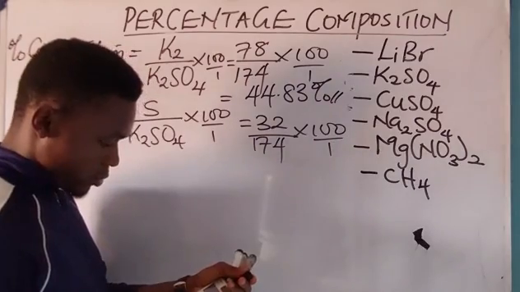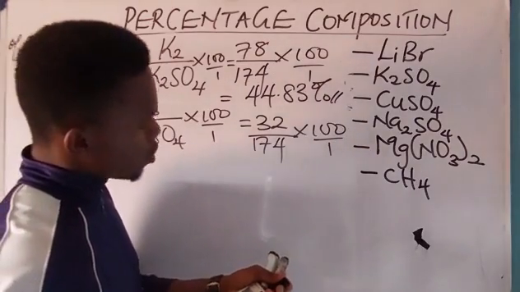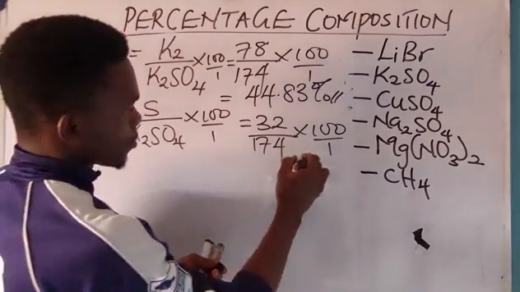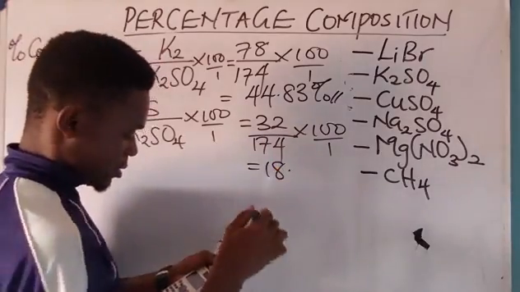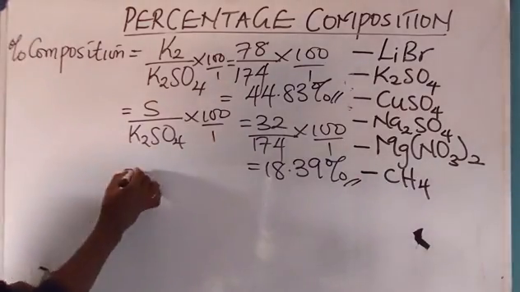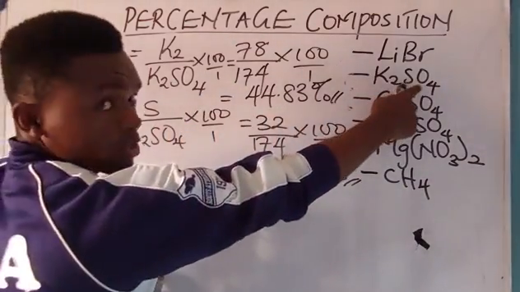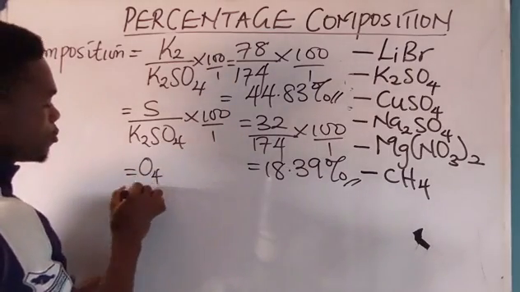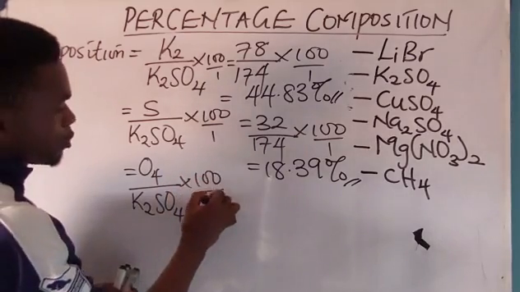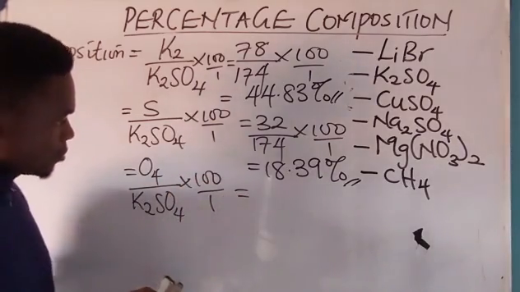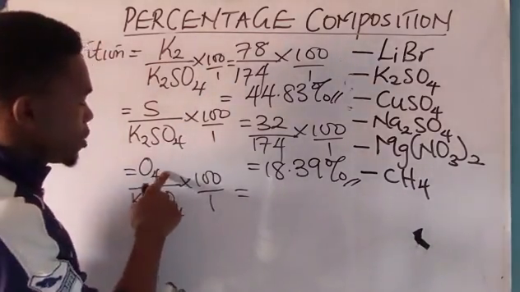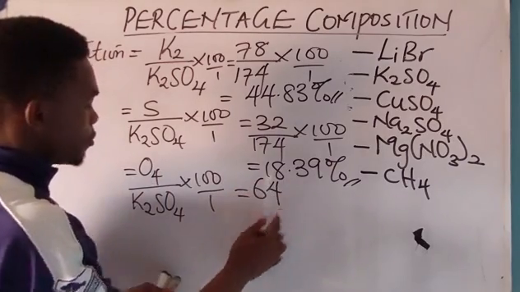So 3,200 divided by 174 equals 18.39%. All right, that is for sulfur. Then for oxygen it becomes O4 over K2SO4 times 100 over 1 equals. Oxygen is 16, so 16 times 4, we have 64.